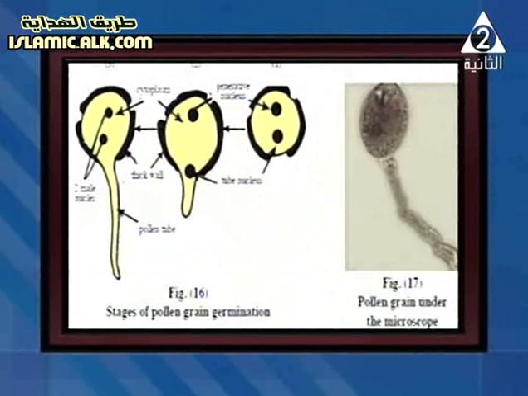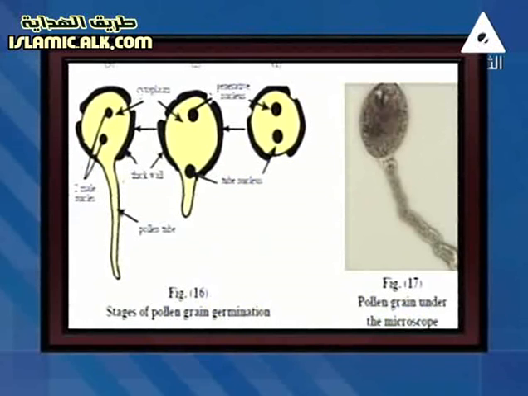Well, we have here on the screen the stages of pollen grain germination. Each pollen grain is coated by a thick coat, and after that the nucleus divides into two, giving us two nuclei.